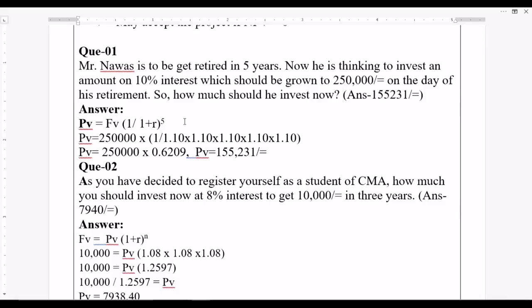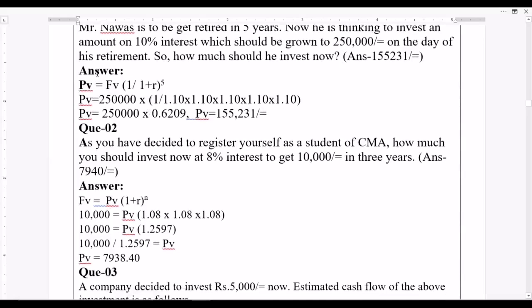Right. So to find the present value, you can apply this formula: present value equals future value times 1 upon (1 plus r) to the power 5. 5 means number of years.